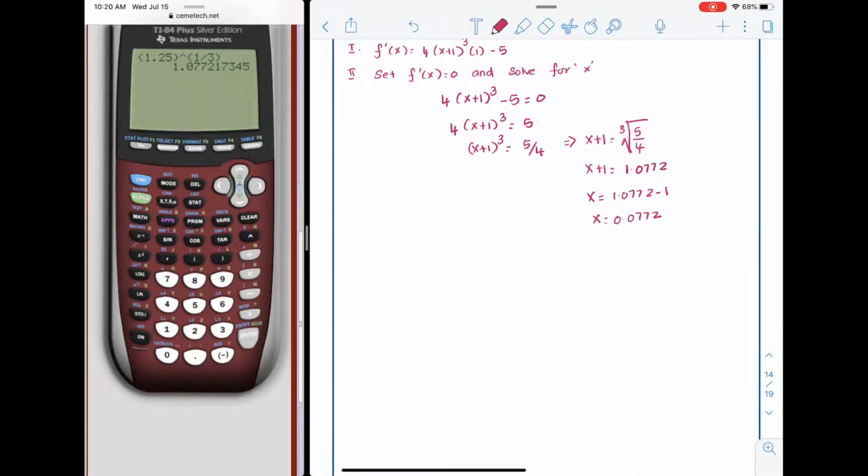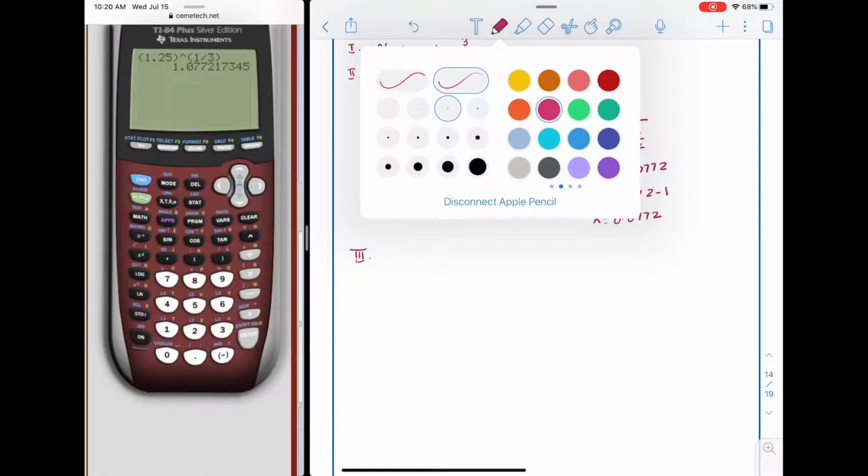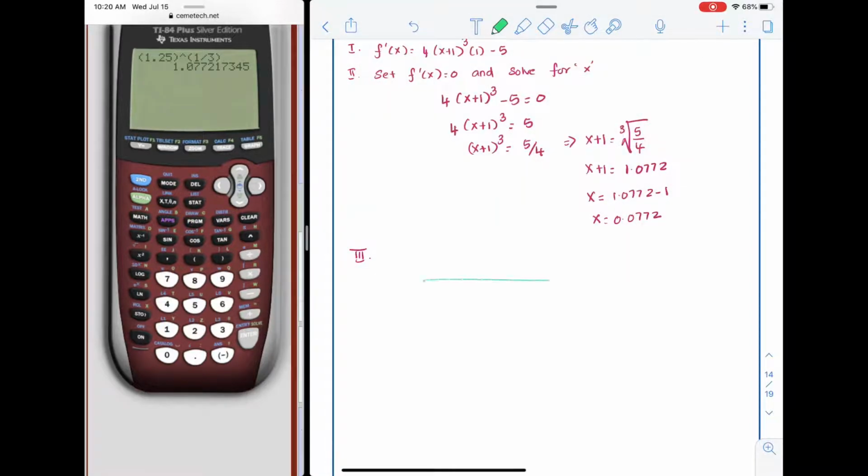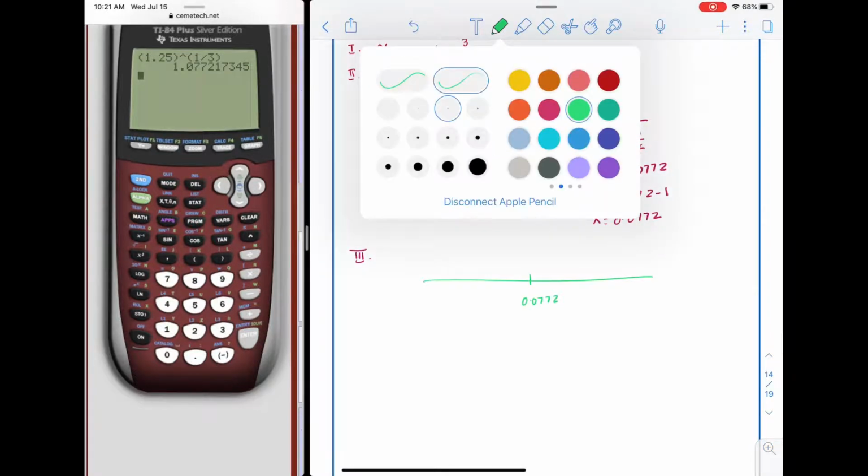So that seems to be our critical value. The next step is to identify if that corresponds to a local minimum or maximum. So 0.0772 is our critical value.